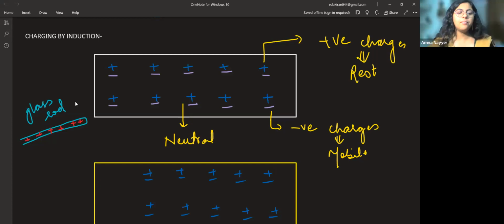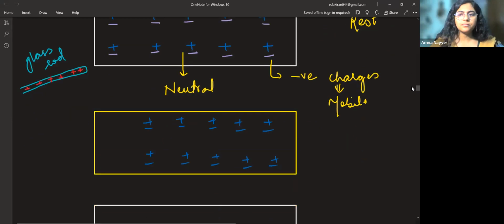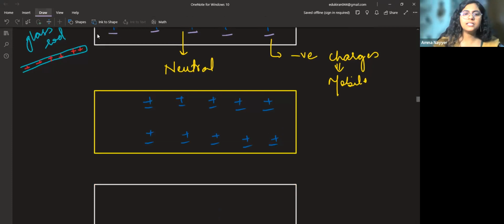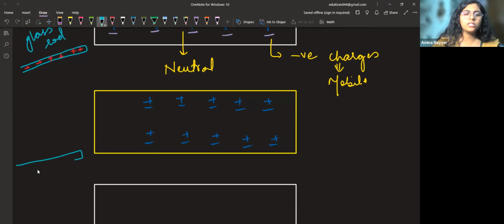Now see, if I bring this glass rod and keep it like this, what will happen? Negative charges and positive charges are both present in the conductor. This is the glass rod, and I have made it positively charged. All the negative electrons I have transferred away from it. Now tell me one thing.